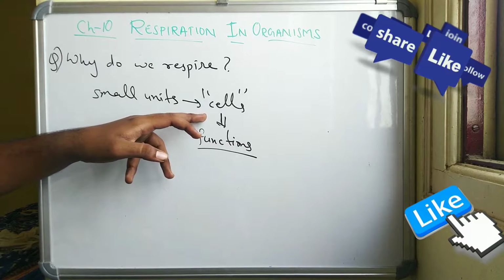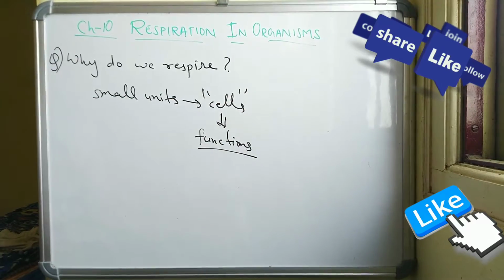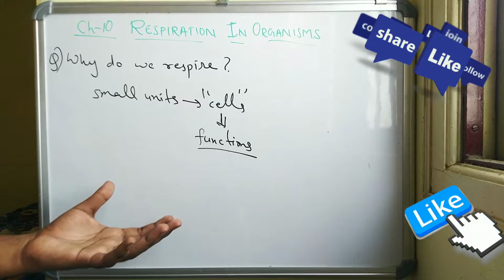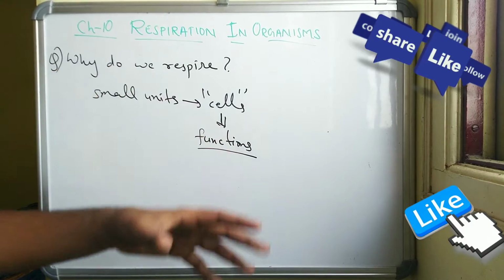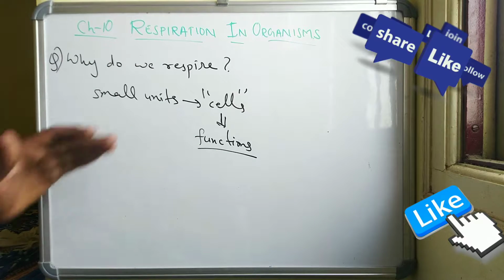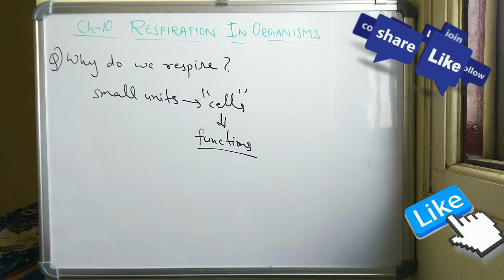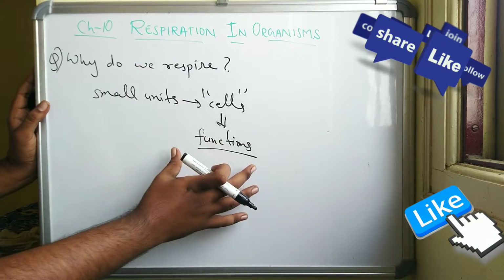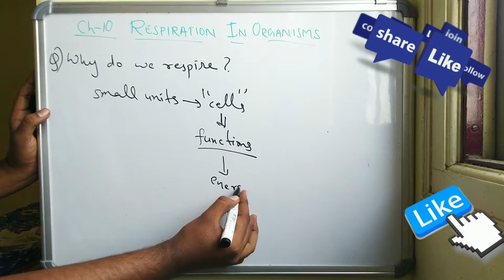For example, a group of similar cells in the digestive system performs digestion, breaking down complex substances, forming proteins and so on. So these cells do some function based on wherever they are present. Now, to do any function, they need energy. That is an important thing.